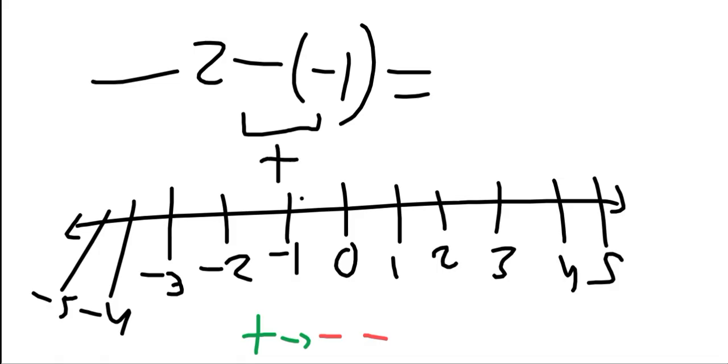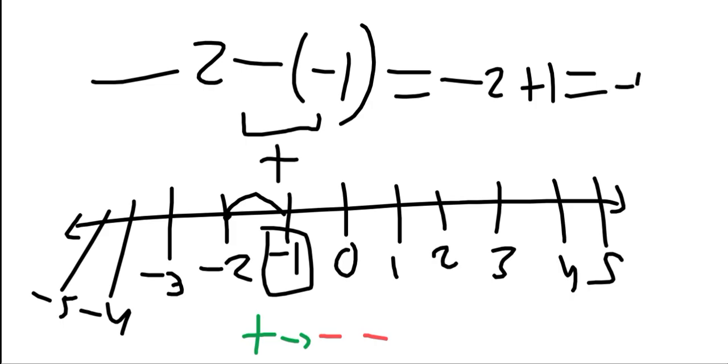Let me rephrase. When there are an even number of negative signs, they turn into a positive. And when there are an odd number of negative signs, they turn into a negative. So this problem can be rewritten as negative 2 plus 1, which, if we go here, that's negative 1.